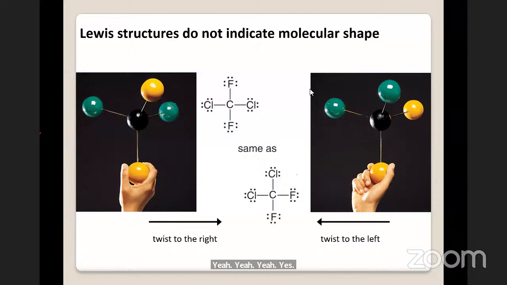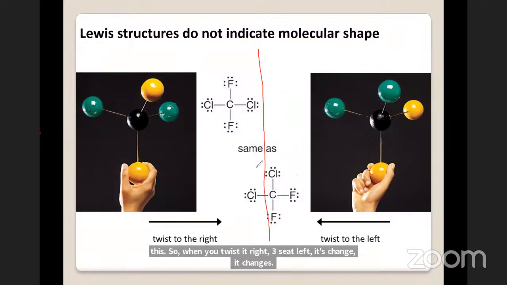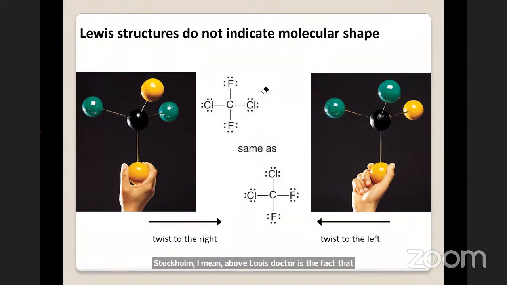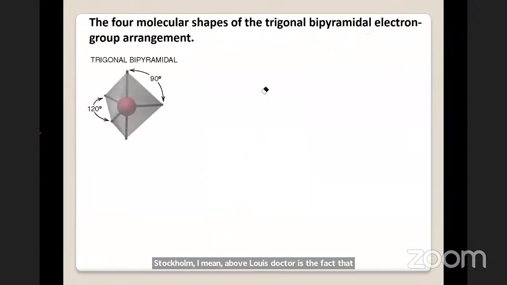If you put a mirror here, you will see that this is like a lateral inversion of this. So when you twist it right, twist it left, it changes. But with a Lewis structure, it does not change. So the beauty of valence shell electron pair repulsion theory over the Lewis structure is that VSEPR theory tells us how the molecule is shaped.